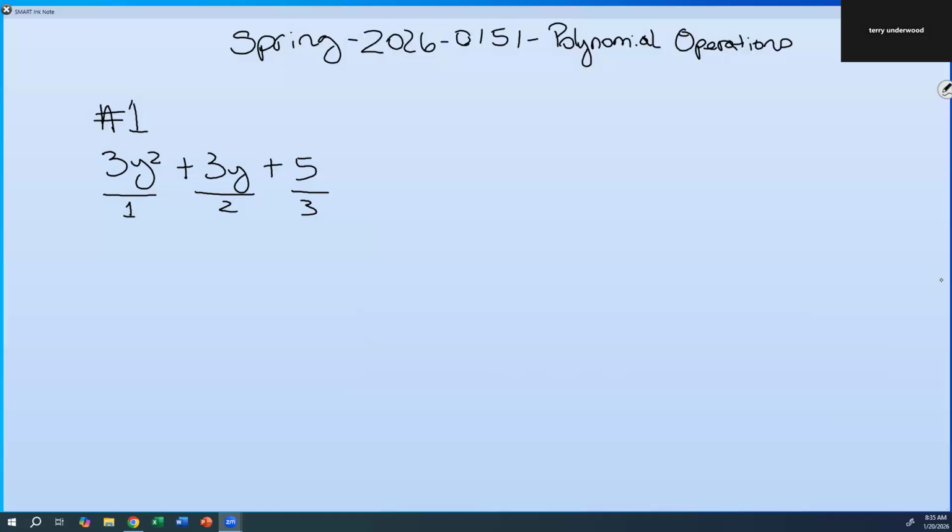And the answer would be that it's a trinomial because it has three different terms. And then the second question they want to know is the degree. We already said that if you see a variable, a letter, that doesn't have a coefficient or a power or exponent, the default is 1.